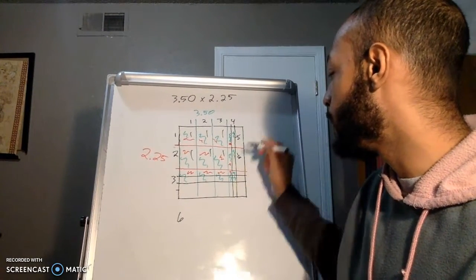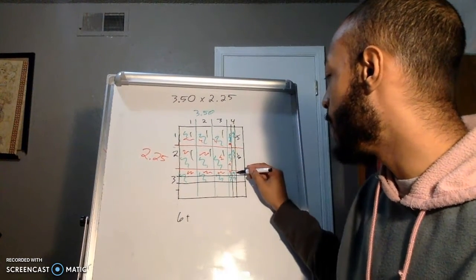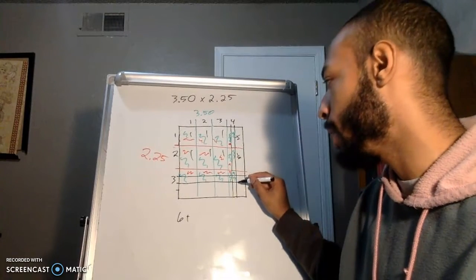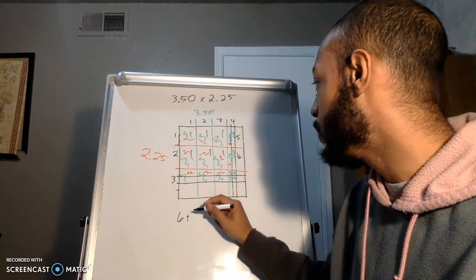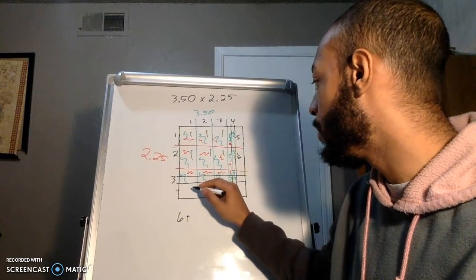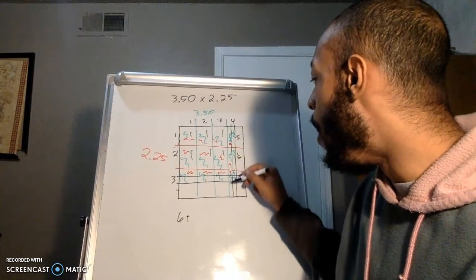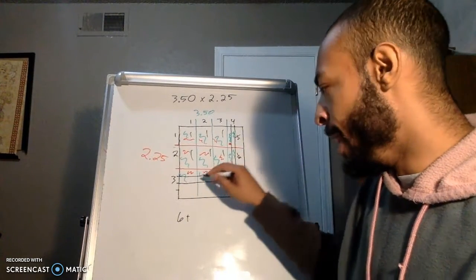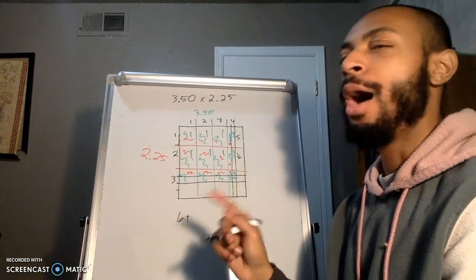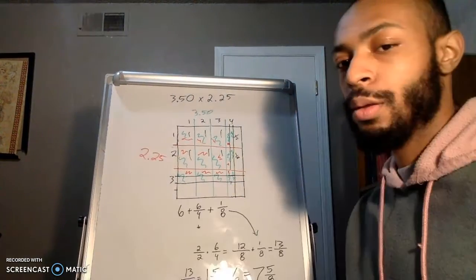That's a half, which makes a whole. And then I have, well, these are smaller, so they're not technically halves. So what I'll come in here and do is count these.